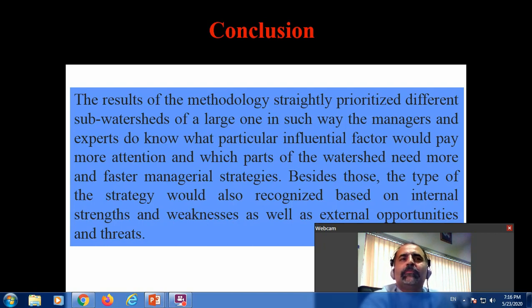The result of our methodology straightly prioritizes different sub-watersheds of a large one. In such a way, the managers and experts right now do know which particular influential factor would need more attention and which part of the watershed needs more and faster managerial strategies to control land degradation. Besides those, the type of the strategy would also be recognized based on internal strengths and weaknesses, as well as external opportunities and threats.